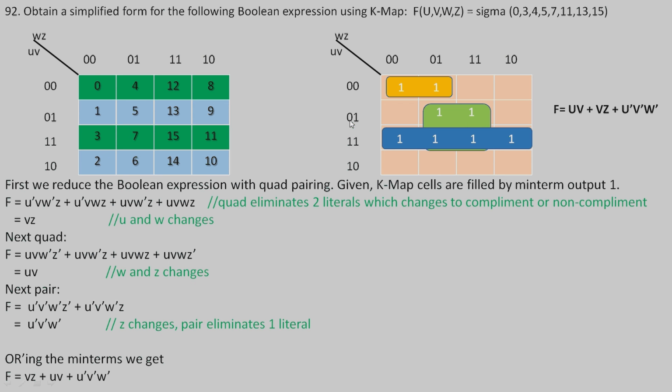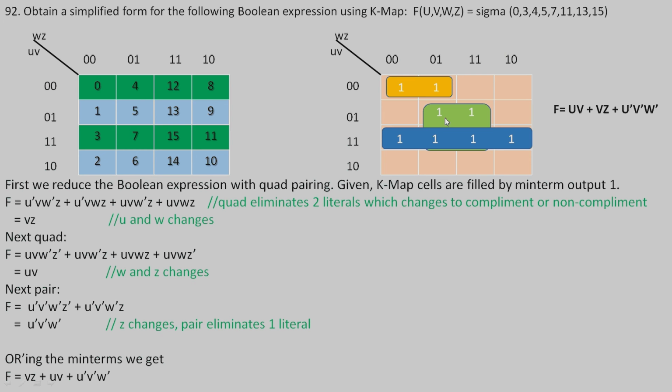In a minterm, just remember that the literal which has the value 0 gets complemented, and the literal which has the value 1 as the input does not get complemented. So here u and w are 0, so they get complemented to u complement and w complement. That's why we write here u complement v, w complement z.